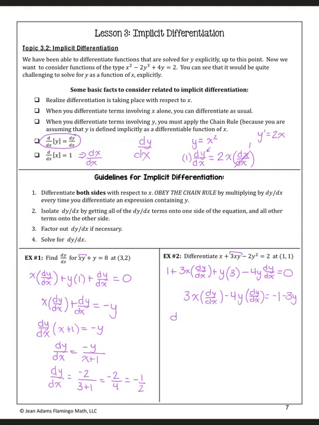Factor out dy dx, and you get 3x minus 4y. Then you can divide, so we get negative 1 minus 3y over 3x minus 4y. Again, we want this derivative at the point 1, 1, so we plug in 1 for x and y.